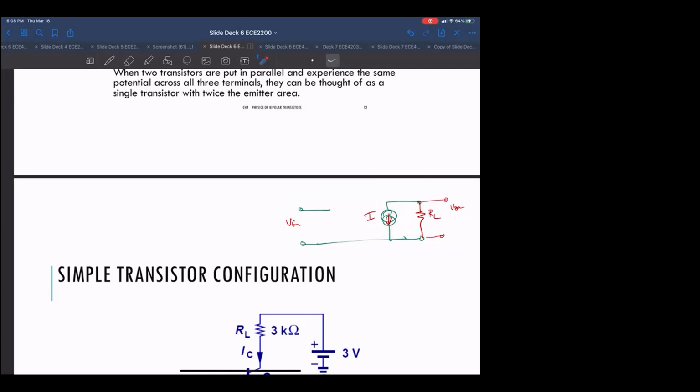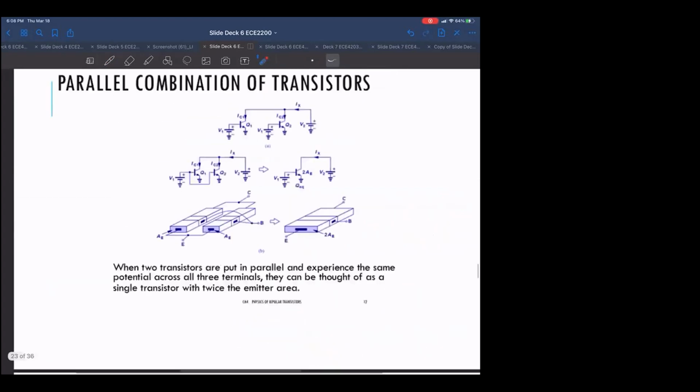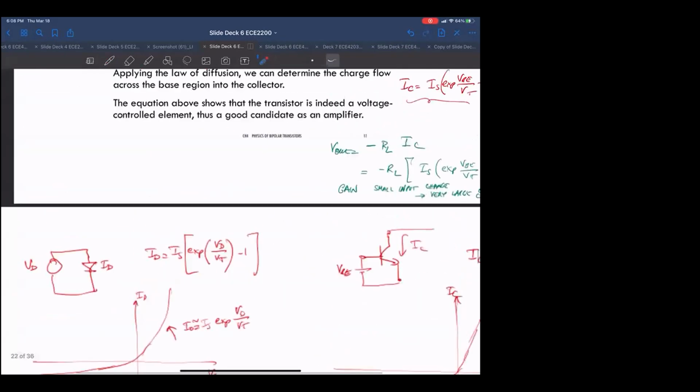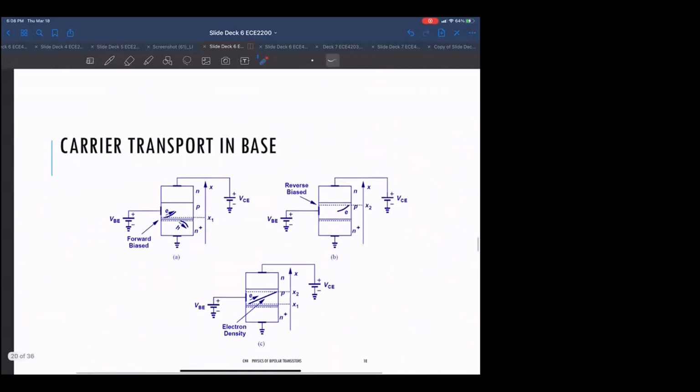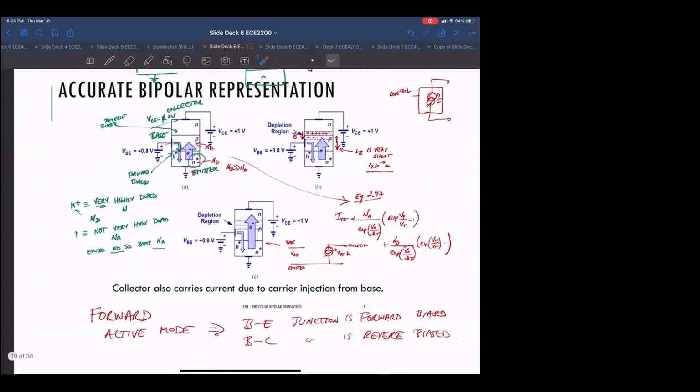Well, these electrons have to come from a supply of electrons. So when the emitter emits electrons, in some sense it's pulling those electrons from the ground, and dumping them into the collector.